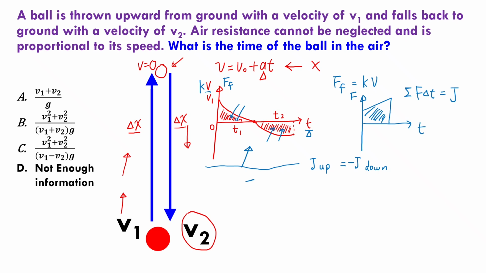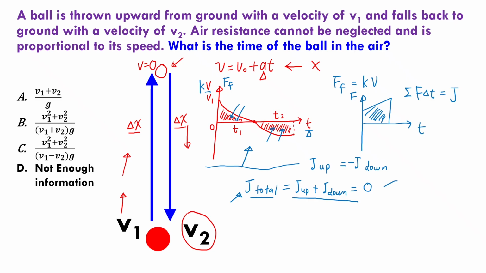As a result, the total impulse of air resistance would be J up plus J down, which is 0. This basically tells us the total impulse from air resistance during the whole motion is 0.